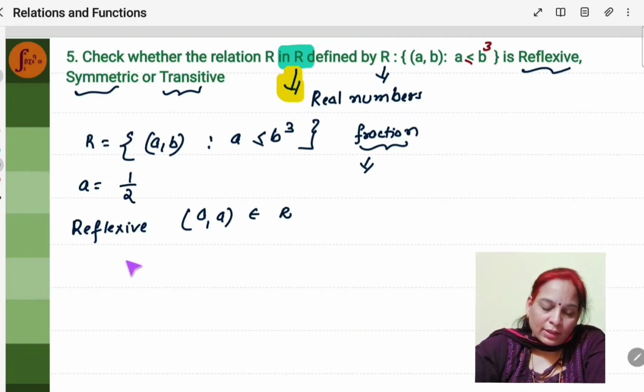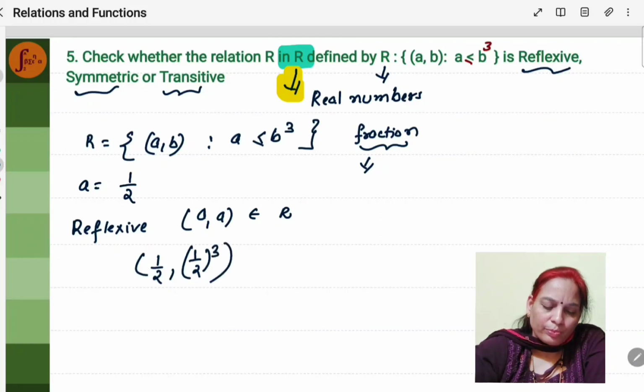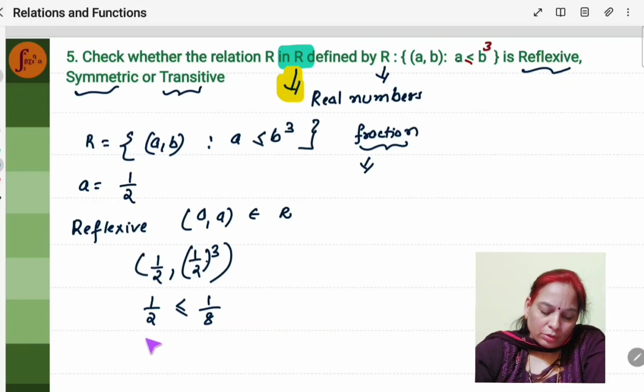So if I take A as half, the second element should be B cube, half the whole cube, and A should be less than or equal to B cube. That is, the first element half should be less than or equal to the cube of the second element. What is 1 by 2 the whole cube? It's 1 by 8. So is half less than or equal to 1 by 8?